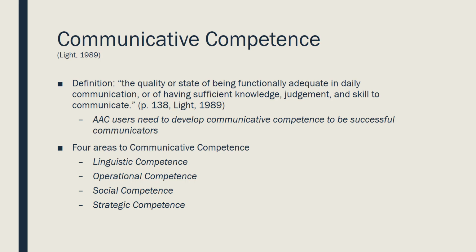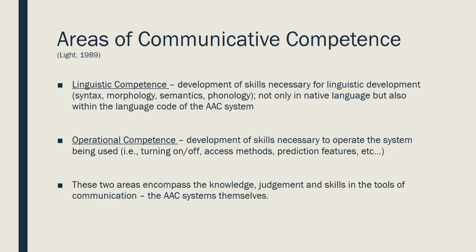These areas include linguistic competence, operational competence, social competence, and strategic competence. Let's take a few minutes and discuss these competencies, what they mean, and how they relate to using AAC for communication.